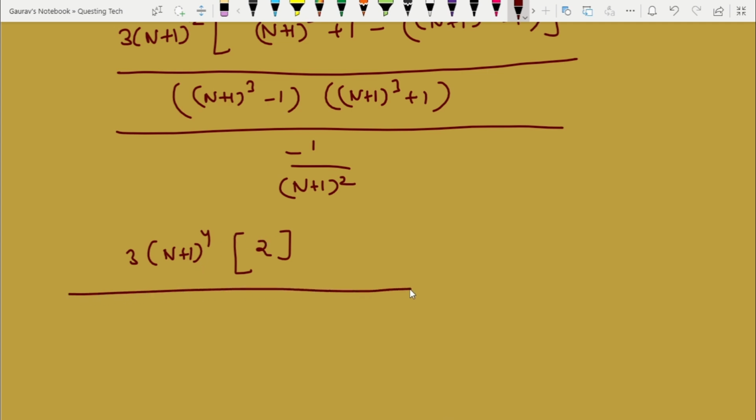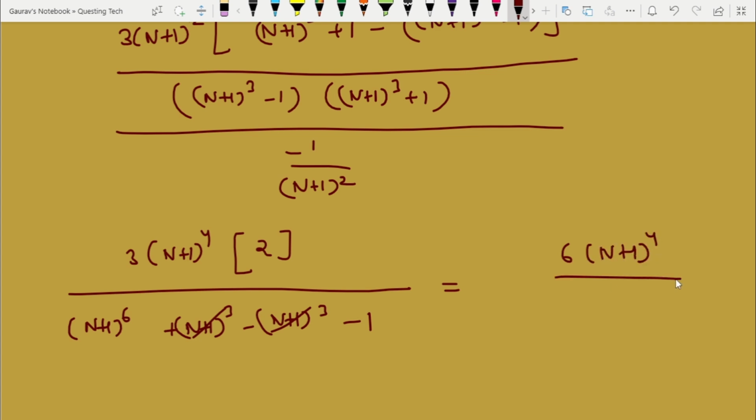In the denominator we have (n plus 1) raised to power 6 plus (n plus 1) cube minus (n plus 1) cube minus 1, which also cancels out. So what we have is 6(n plus 1) raised to power 4 divided by (n plus 1) raised to power 6 minus 1.